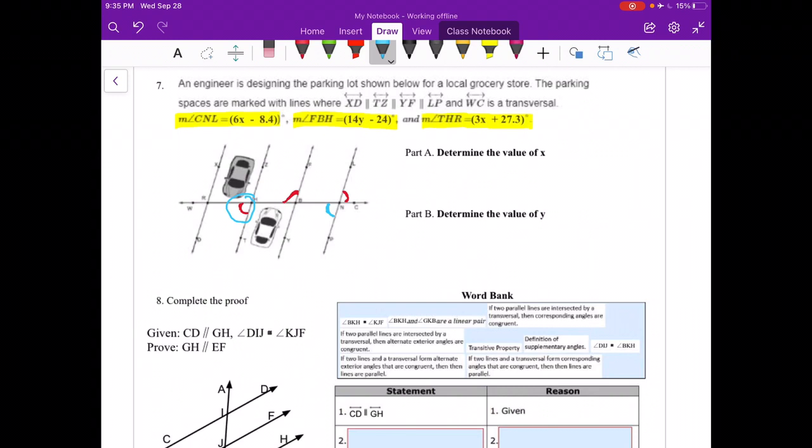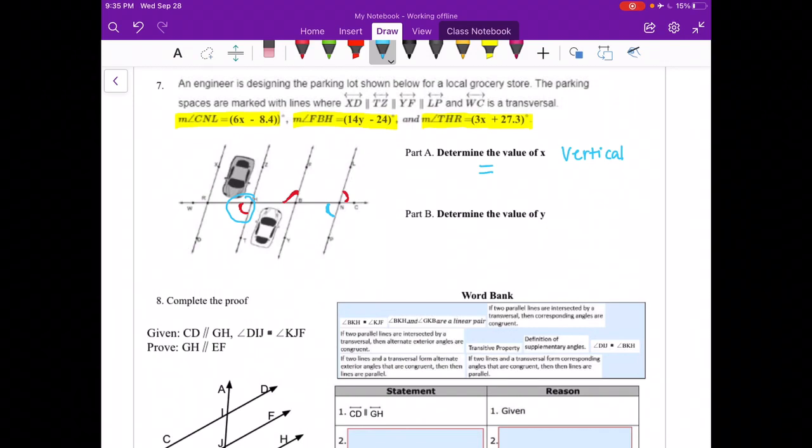What that means is that angle CNL and angle THR would actually be a set of vertical angles. And we know that any two vertical angles are congruent. Congruent means that these two are equal to each other.